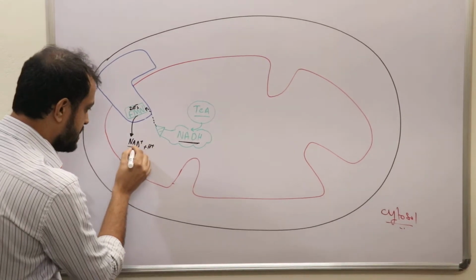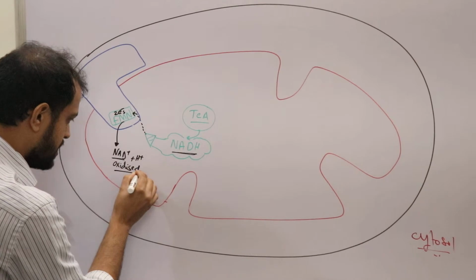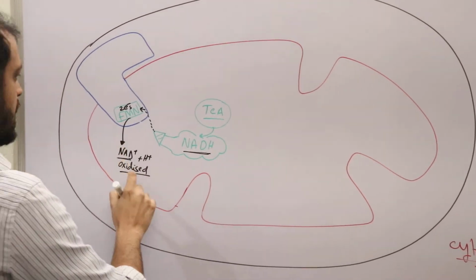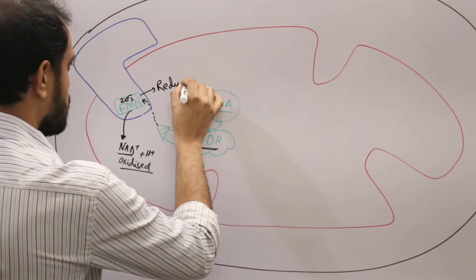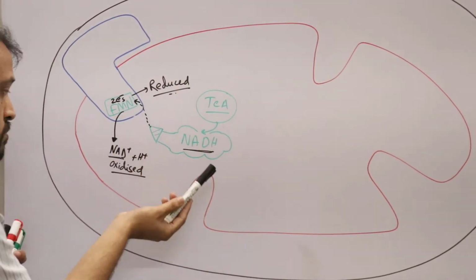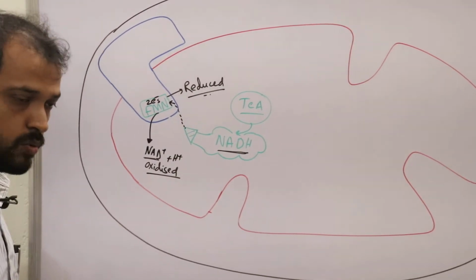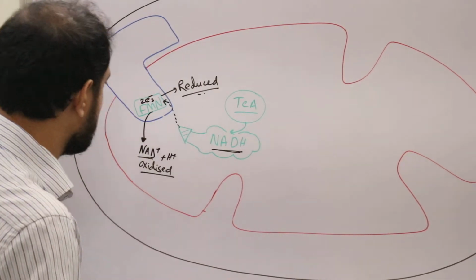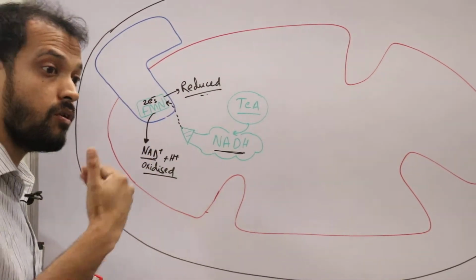That means NAD is now oxidized and FMN is now reduced. In the next turn, FMN will be oxidized and some other protein will be reduced. That means FMN in the first cycle undergoes reduction and in the next cycle it undergoes oxidation.